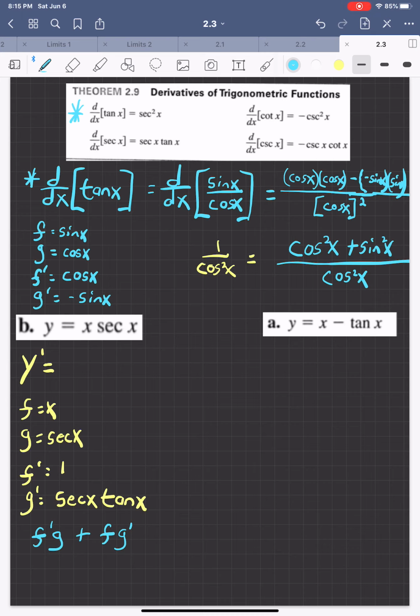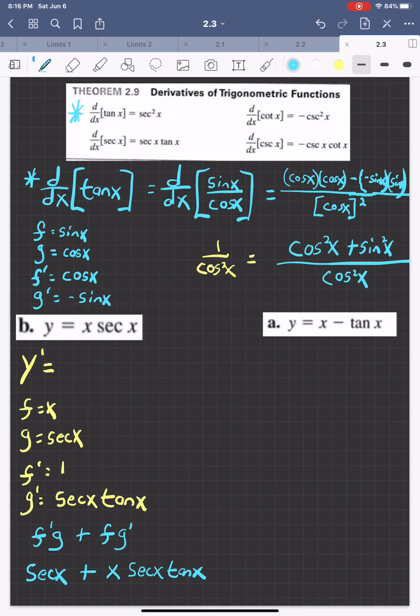So this is just 1 times g, so that's 1 times secant, so secant x. And this is f times g prime, so x times secant x tangent of x. Now if you wanted to, you could factor out a secant.